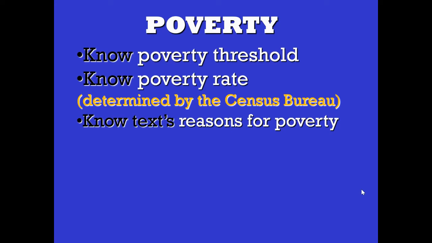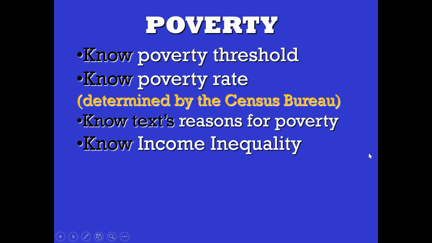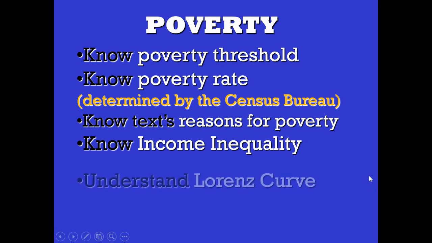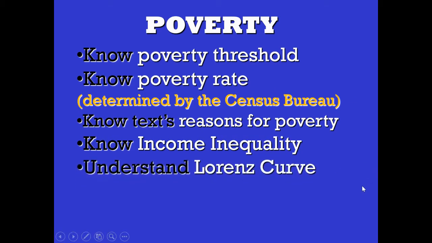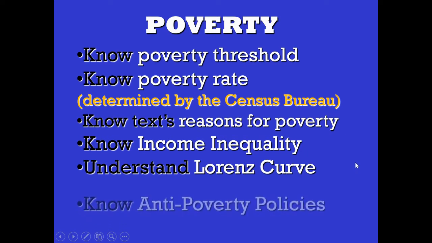If you don't want to be touched by this issue, that is your ticket out of the problem. And I'll show you here in just a second why. But income inequality is a topic that has been discussed since the 1970s, when we start to see wages flatten out compared to the growth rates of the rest of the economy. So we're going to talk about how we define income inequality and how we use the Lorenz curve to examine it. So more on that in a second.